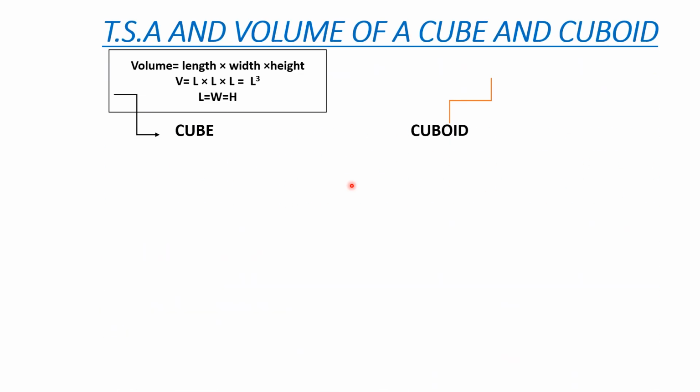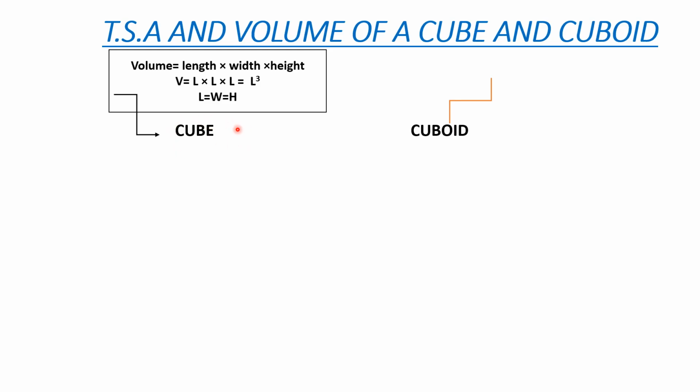Okay, now for the case of total surface area and volume of a cube and a cuboid, here you will learn how to derive the formula for volume and total surface area for each. The cube is a square prism.